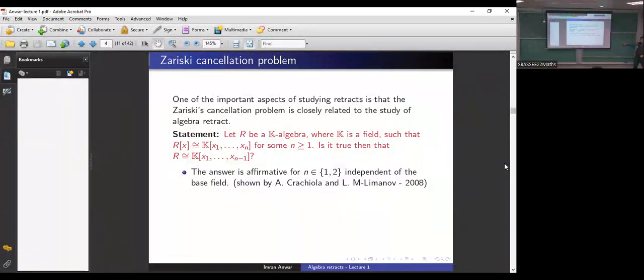So negation, saying that there is an inclusion and there does not exist an algebra retract, is not straightforward unless you can show that if A is an algebra retract of B, then they are forced to satisfy a certain condition. If that condition is violated, then you declare this is a no. In case of yes, constructing the phi is the biggest question. It is really very hard to construct that phi.